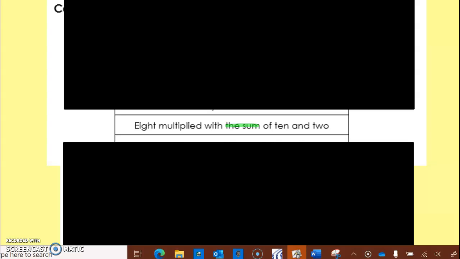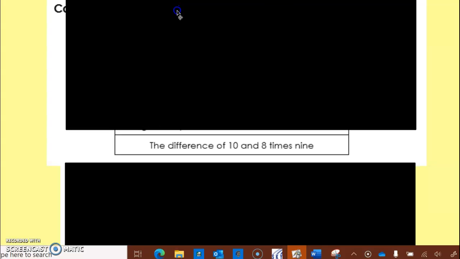That is the answer of an addition problem. Last one here, the difference of 10 and 8 times 9. Yes, this one also we would need parentheses because of the keyword difference. That is the answer to the subtraction problem and would be required to do first.